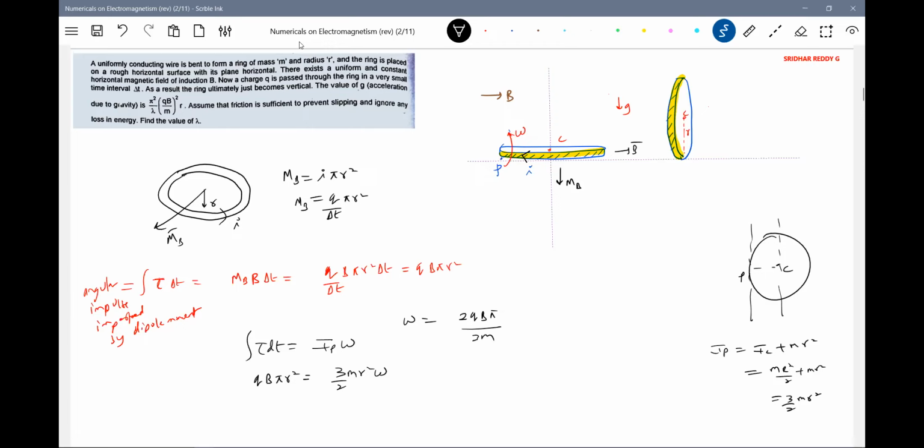And now after this, what are you going to do? This is the kinetic energy that will be imparted by that flowing charge. The rotational kinetic energy imparted to the ring will get converted into an increase in gravitational potential energy.